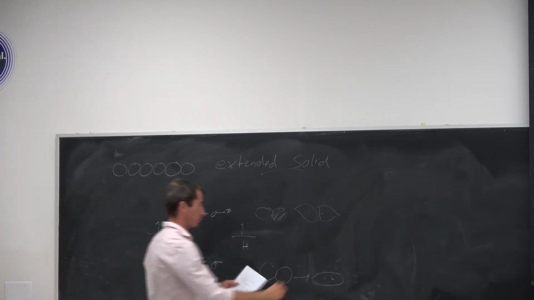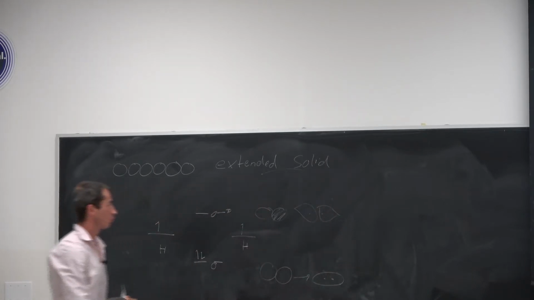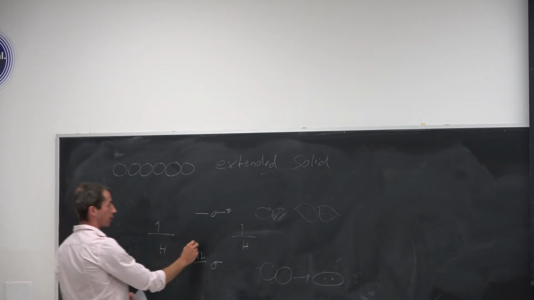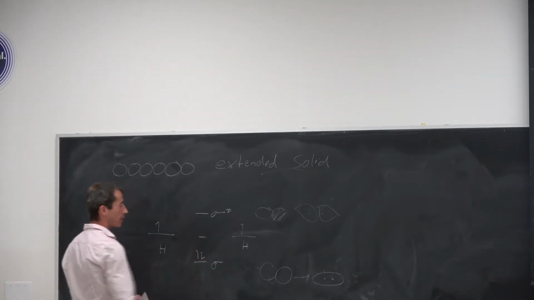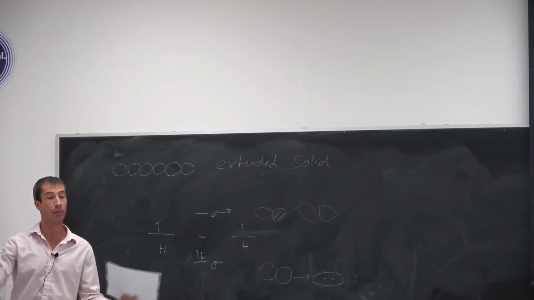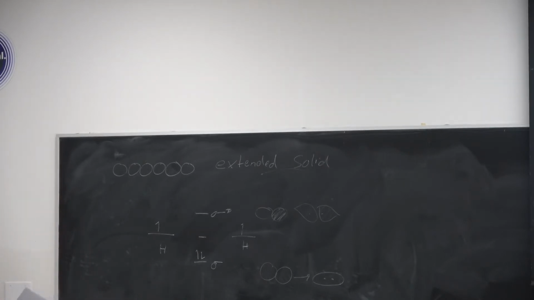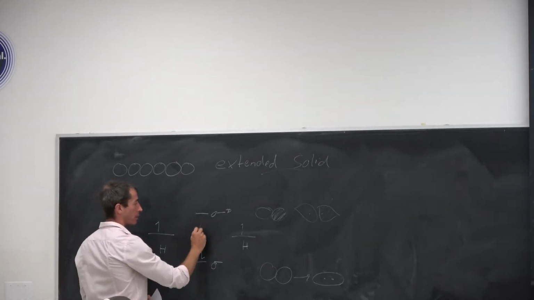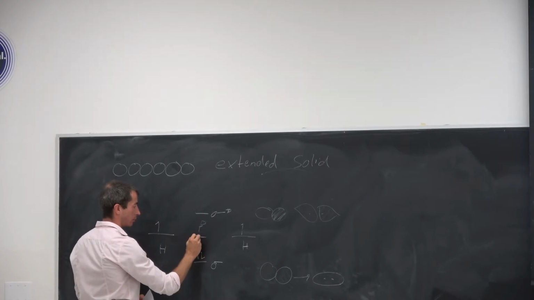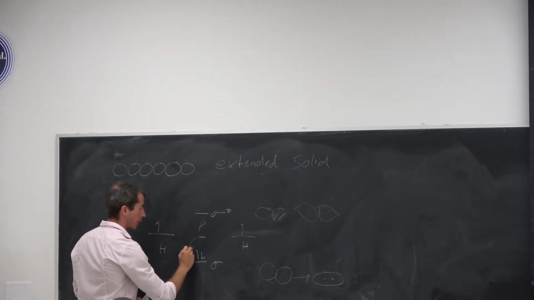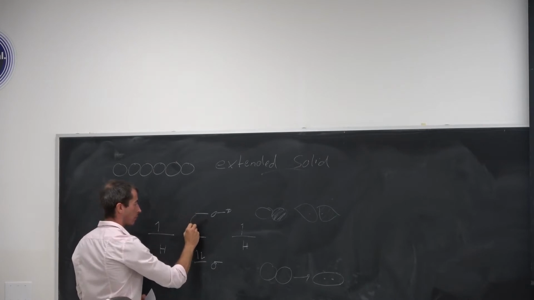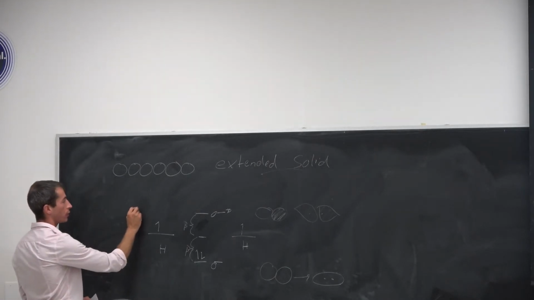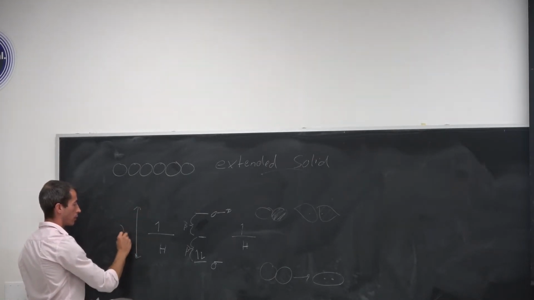For our purposes here, let's say that this energy difference between the bonding and anti-bonding is equal. That's an approximation, but let's say that this is beta and this is beta. So the overall difference between the two is 2 times that.